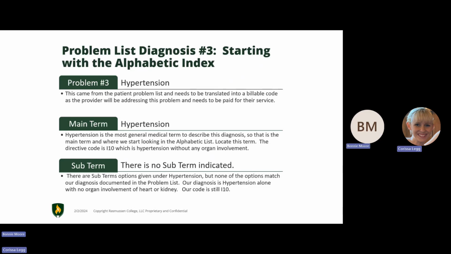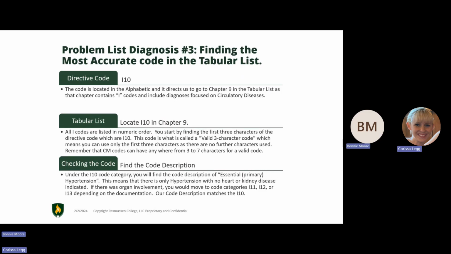So now let's take our I10 directive code from the alphabetic index, and let's go to the tabular list. We're going to go back to chapter 9, because that's focused on circulatory diseases, and you're going to look up I-10.